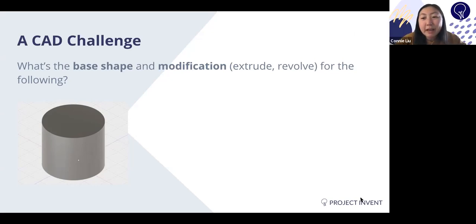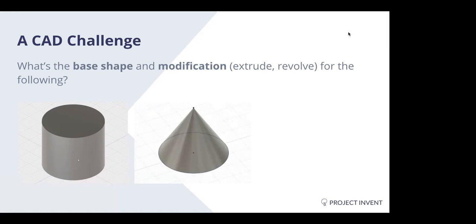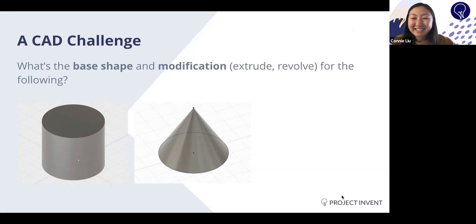Exactly. So by taking this concept of base shape and modification, you can do a lot to create the same type of shape. Let's try another one. We're going to do a cone. How would you make this? What's the base shape? What's the modification? I know some of you know it.